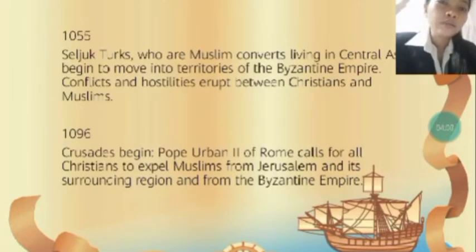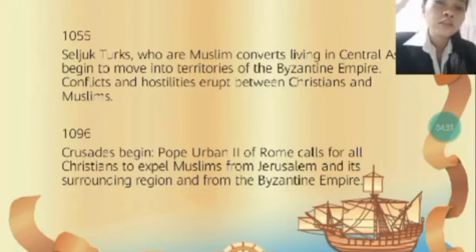In 1055 CE, Seljuk Turks, who were Muslim converts living in Central Asia, began to move into territories of the Byzantine Empire. Conflicts and hostilities erupted between Christians and Muslims.